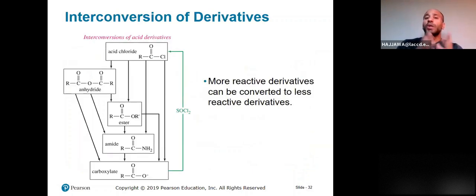This slide shows basically the interconversion between those acid derivatives. And you can see here clearly that there is always a way to go from one to another. So the acid chloride, there are many ways it can generate other structures. We could see here that the acid chloride could be made from others, or could lead to others. Anhydrides, the same thing, esters, amides, carboxylic acids.